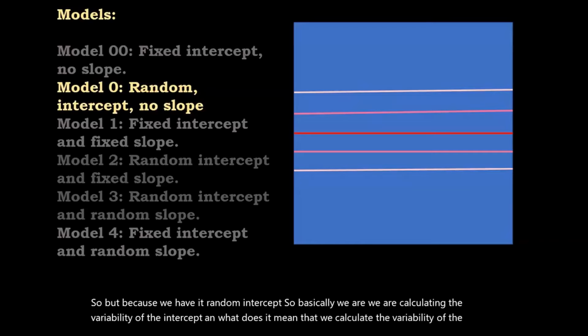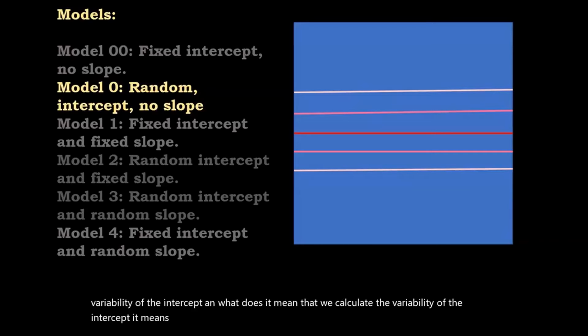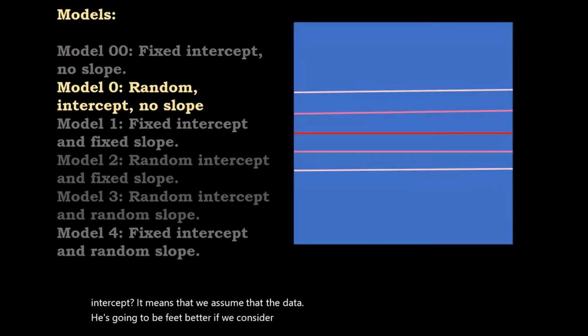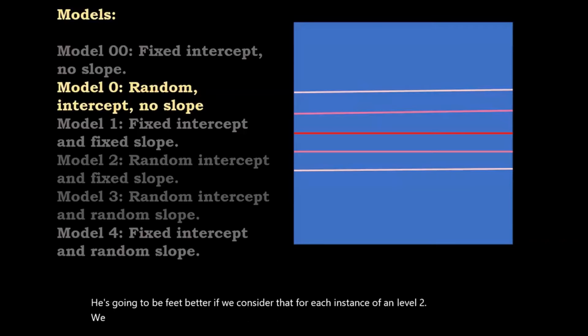It means that we assume that the data is going to be fit better if for each instance of a level 2 component, we calculate an intercept.